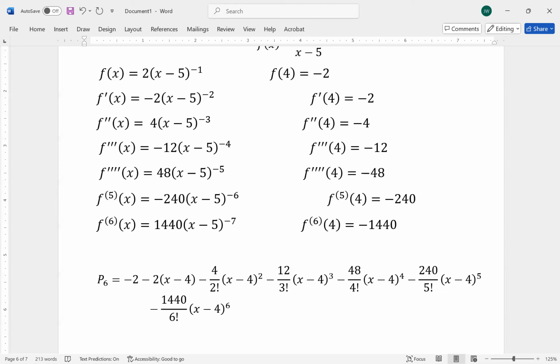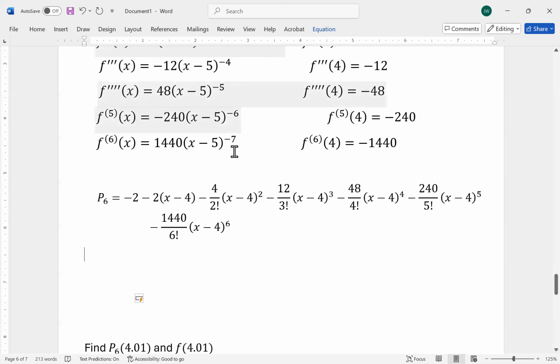Each of those coefficients can be simplified. I'm going to keep this on 2 lines.